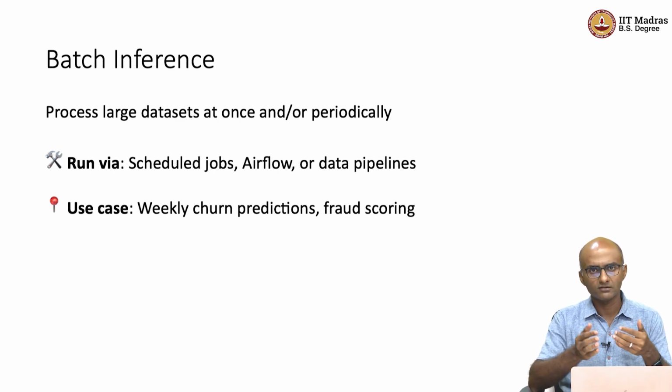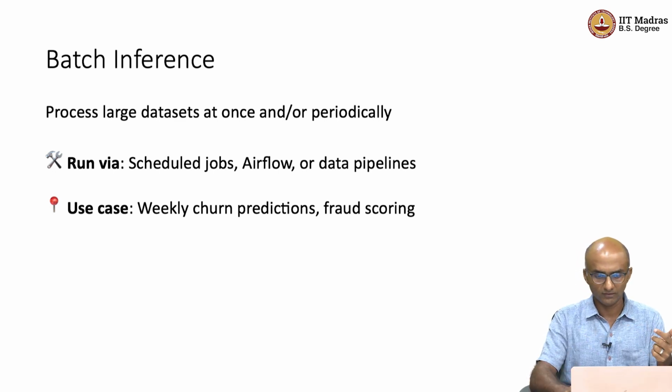Since you'll need to run this periodically, you'll need some kind of a scheduler, and one of the open source schedulers is called Airflow. And then last but not the least, you would need the model joblib itself as a file, a pickle file, and invoke that as the model that you want to load and execute against the batch data.